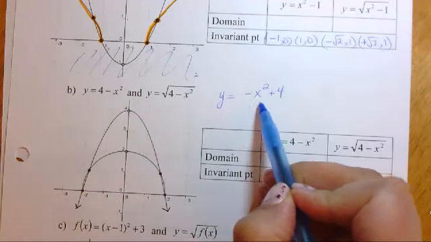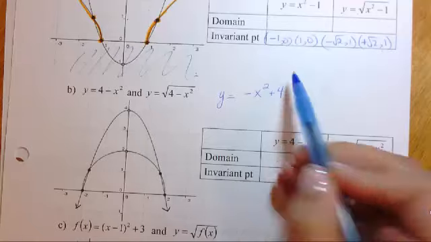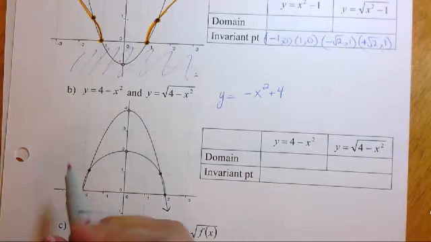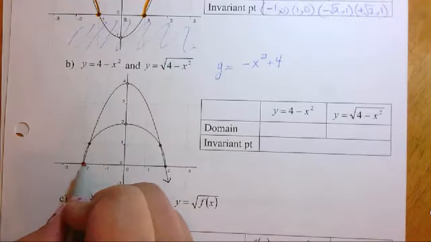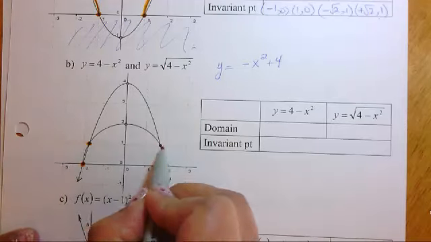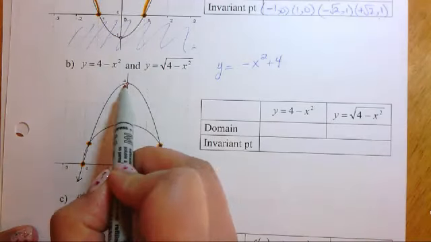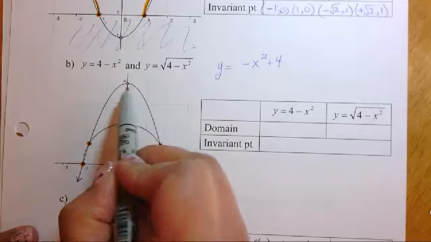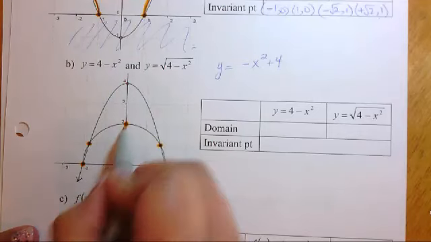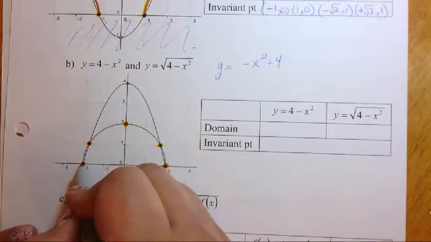Then you can see that it's an upside down parabola that's shifted up 4 units. All right. So plot your invariant points right here at y equals 0 and at y equals 1. And also another point you could plot is your y-intercept. So see how this is a 4? Take the square root of it, it's 2, so that's going to be your other point.